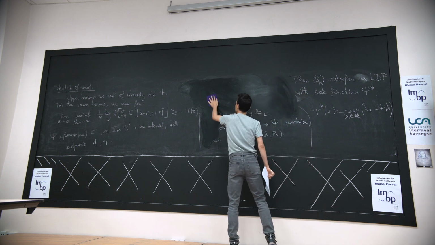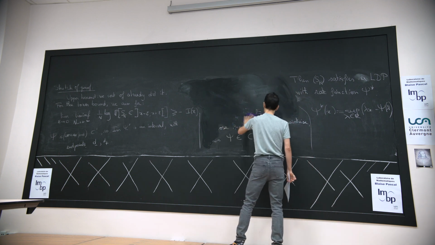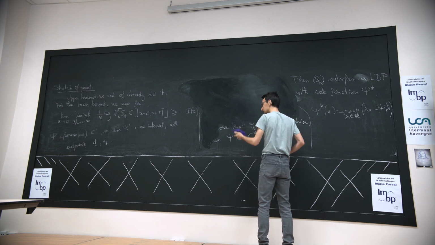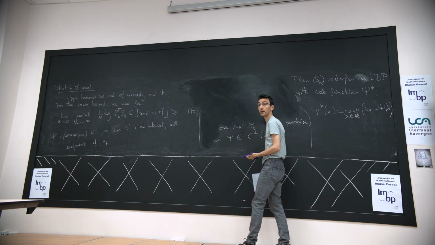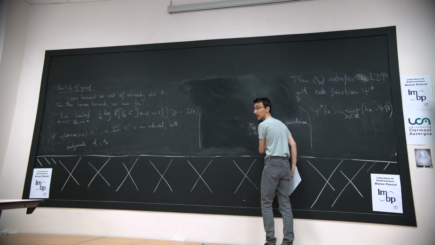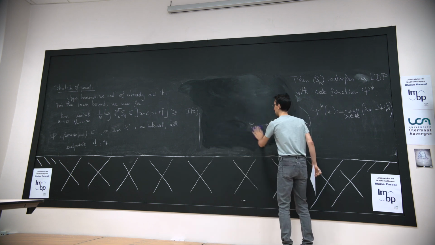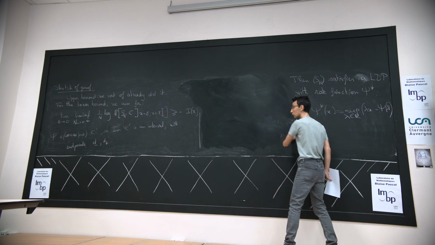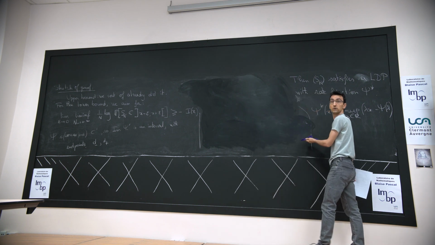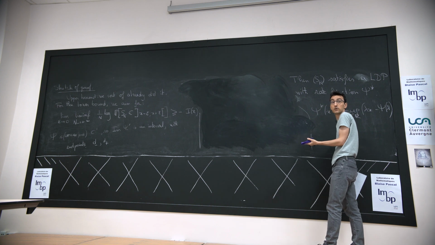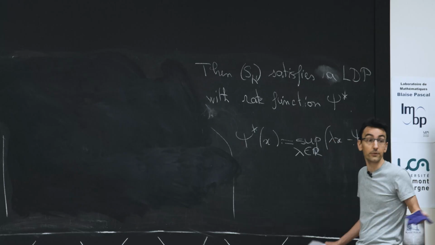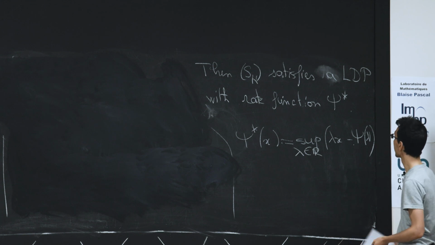The first thing, again, I'm going to be a bit sketchy on this, but the first thing I want to observe is that, let's say, for instance, D plus is finite. Let's say it's 1. It means that everywhere psi prime is bounded by 1. So in particular, if you think about the growth of psi, it cannot grow faster than lambda, because the derivative is bounded by 1. So it's going to be smaller than psi of 0 plus lambda. That has to be true.